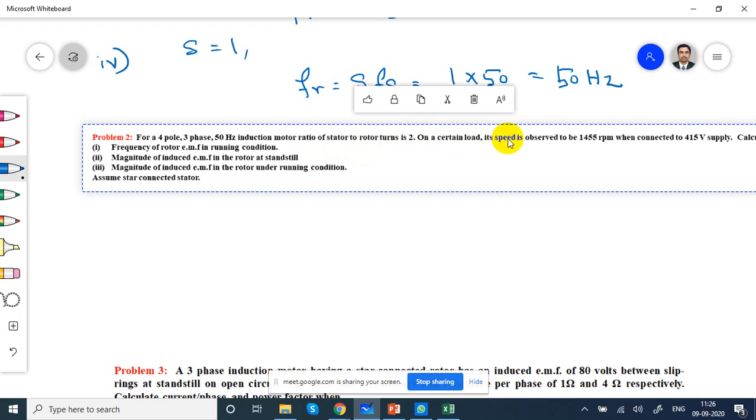On a certain load, the speed is observed to be 1455 RPM when connected to 415 volt. Calculate: A. The frequency of rotor EMF in running condition. B. Magnitude of induced EMF in the rotor at standstill. C. Magnitude of induced EMF in the rotor under running condition. Assume star connected stator.